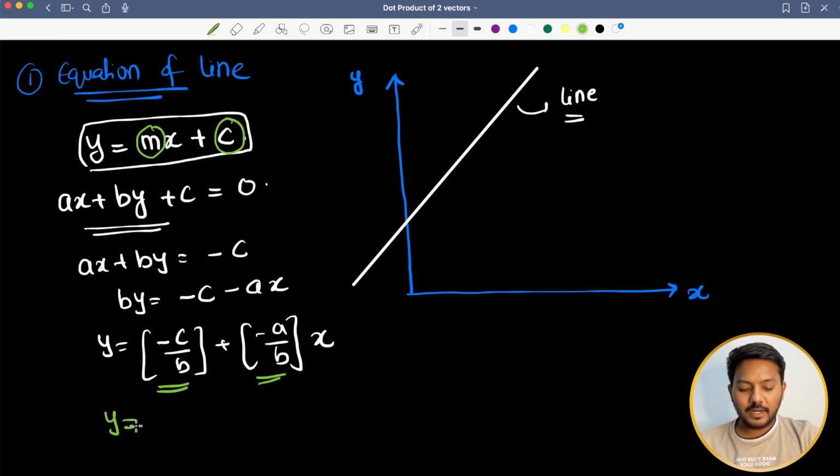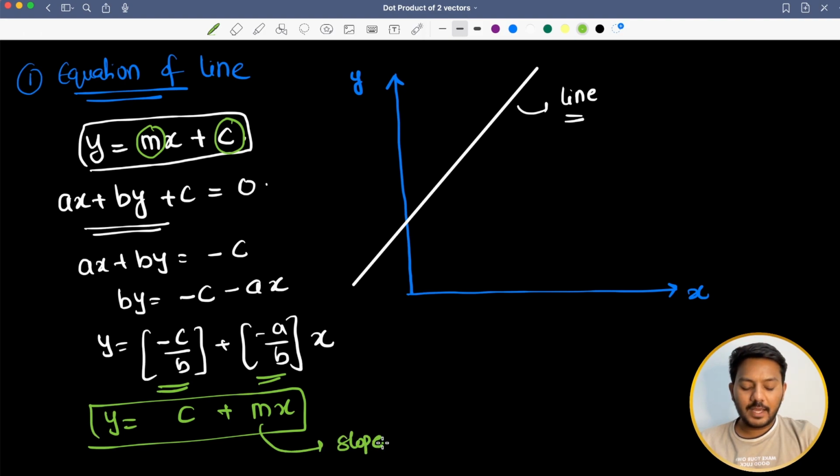So this can be generalized as mx plus c, clear? And this m is called the slope of the line and this c is called the intercept.